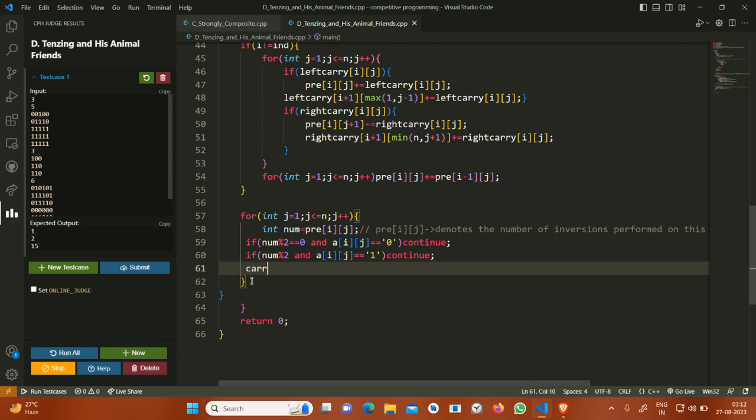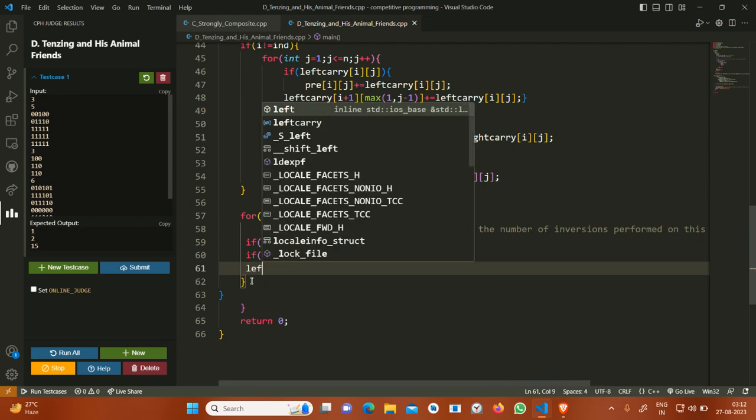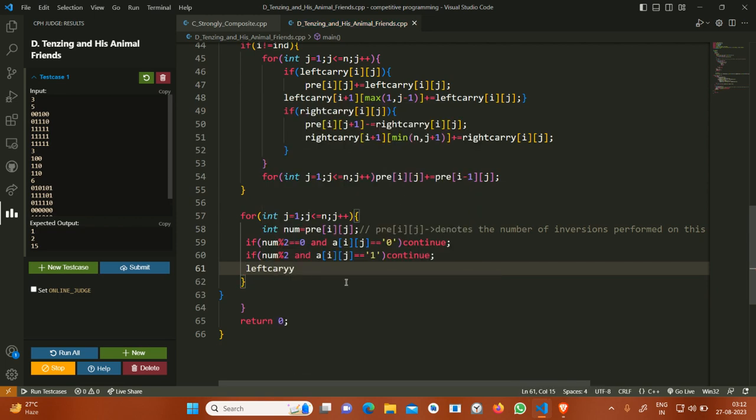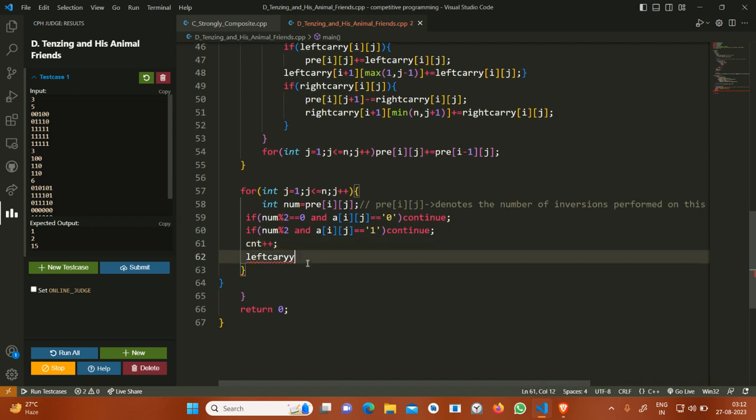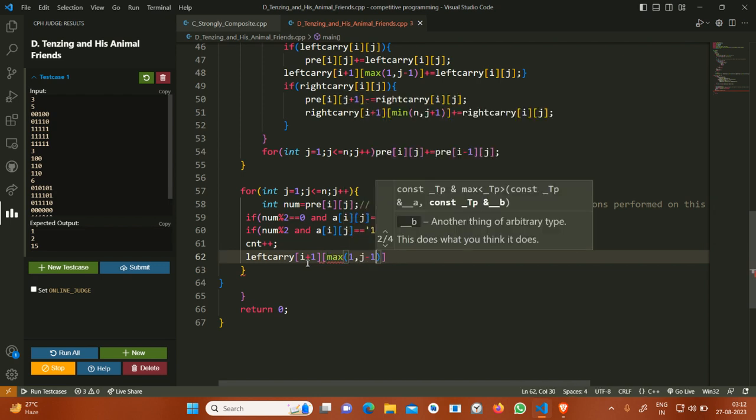And for performing the operation, you know that I would have to maintain the carry. Since I am performing the operation, I would just do count plus plus, and also pass this carry to the next rows. Okay, i plus 1 comma j minus 1.